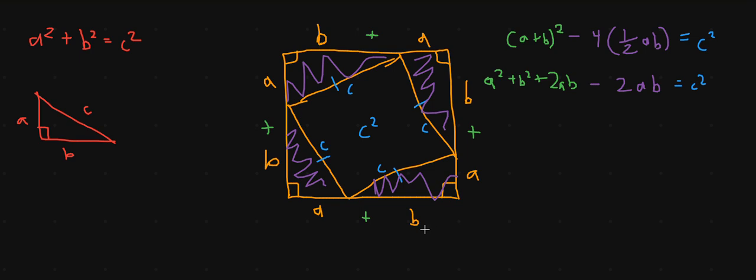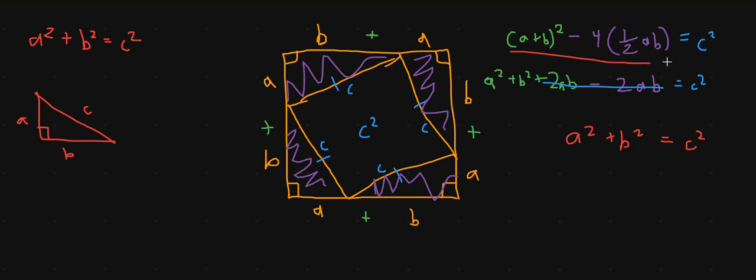We didn't really do anything else. And if you look closely, we have the plus 2AB and the minus 2AB. So these two should cancel out, right? And so that's how we would write it. We'd say A squared plus B squared, because those are the only two things left. We cancel these out, and that is equal to C squared. And that's it. We proved it.